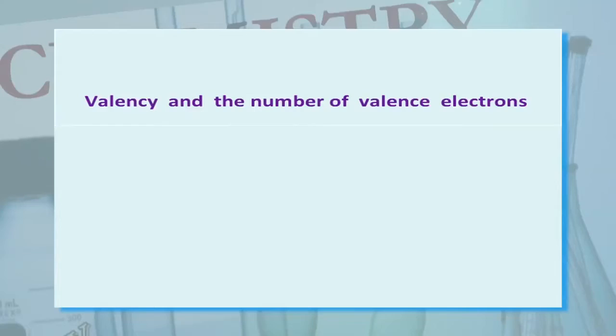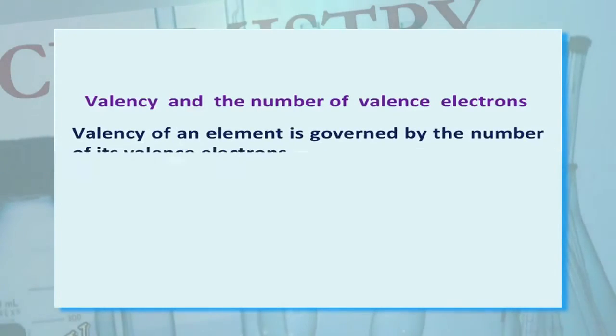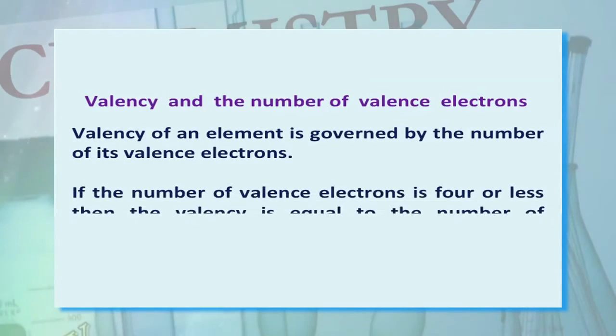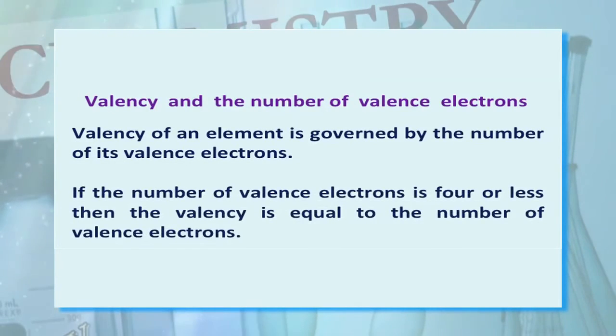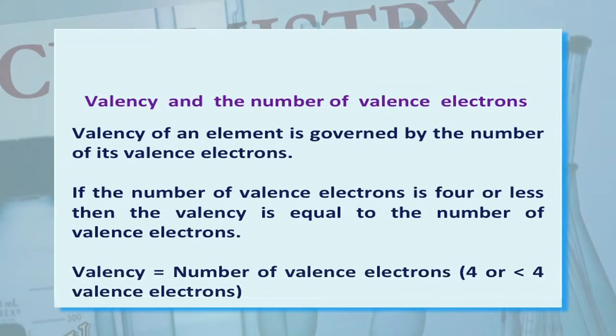Valency and the number of valence electrons, these are the two important terms. Let us understand this. Valency of an element is governed by the number of its valence electrons. If the number of valence electrons is 4 or less, then the valency is equal to the number of valence electrons.